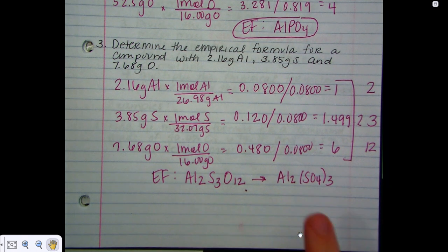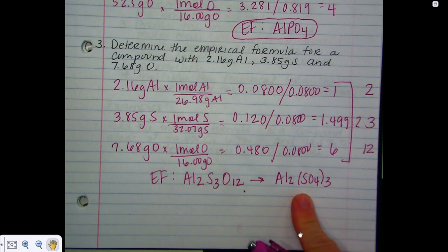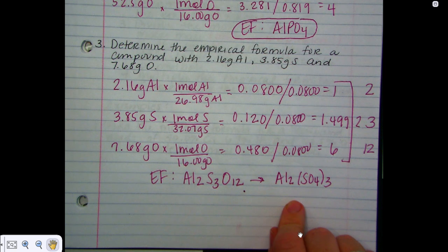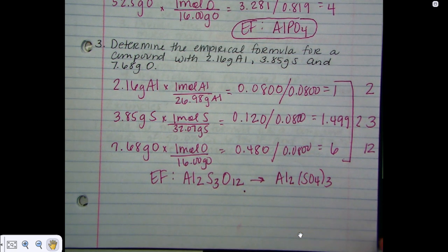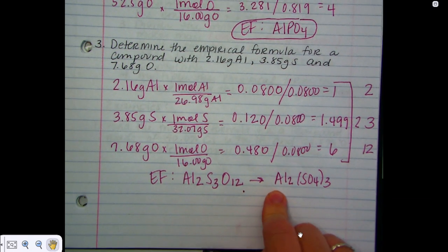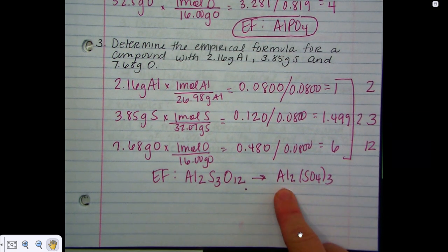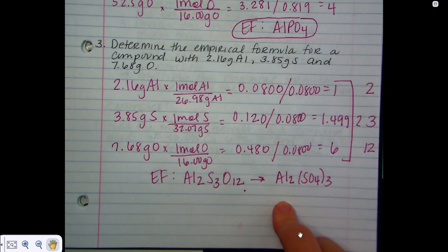Absolutely. What you need to note here is you can only do this if you have a legitimate polyatomic and it's connected to something else, right? OH by itself, you can't just put that in parentheses and shove a subscript on it if it's not connected to something else. So I can do this because I have a polyatomic and it's connected to something else, so it is behaving as a polyatomic.